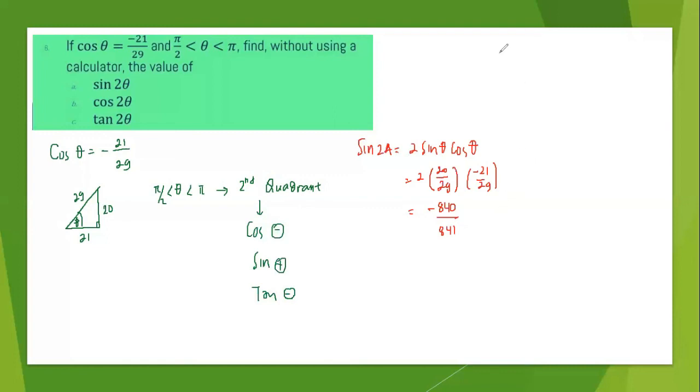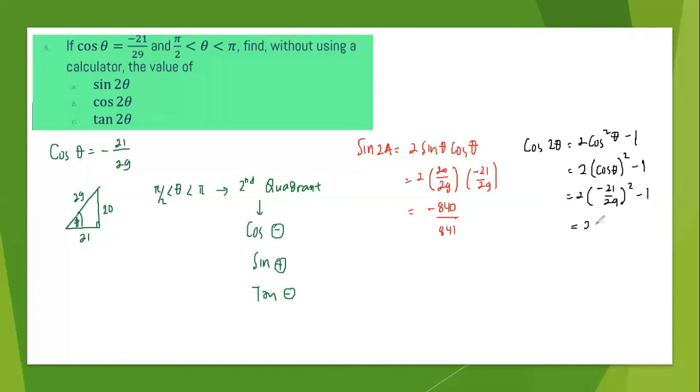Part B. The question B. Cosine 2 theta means 2 cosine square theta minus 1, right? So 2 times cosine theta, minus 21 over 29, squared, minus 1.